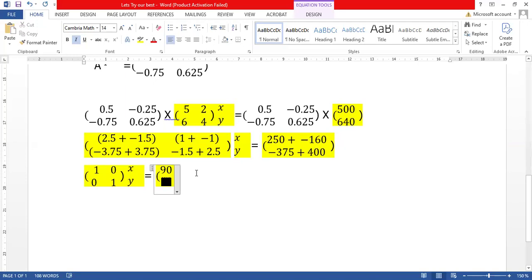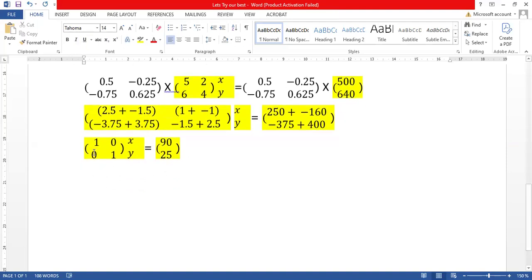Negative 375 plus 400, 25. Please use your calculator very well. These things are going to be easy, but if you don't use your calculator, you'll fail.